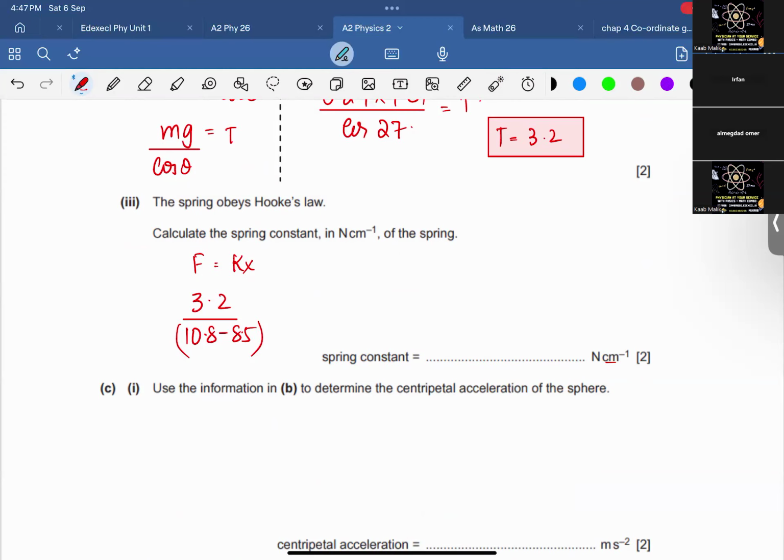The tension in the spring is this. So force is 3.2, which is the tension in the spring, divided by, should be considering the weight. If we are considering the weight, we are not allowed to subtract the weight directly. The answer they've written in the marking key is 0.15, but it is not making sense.